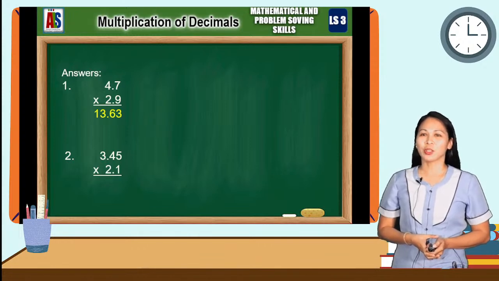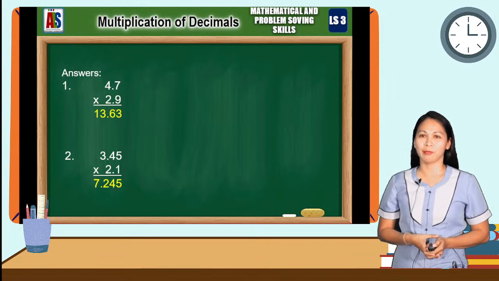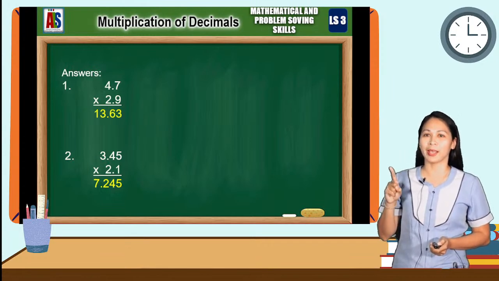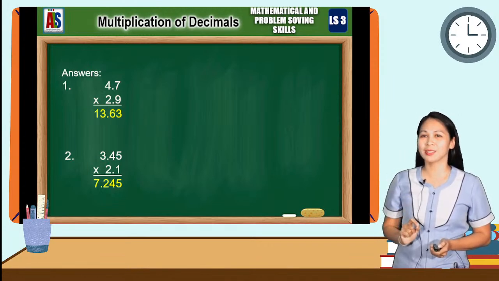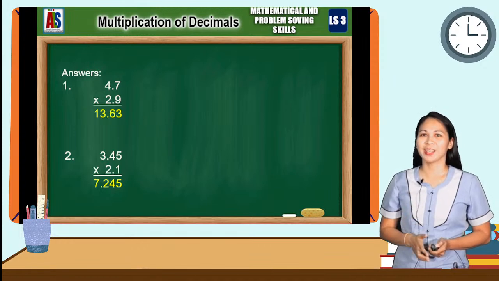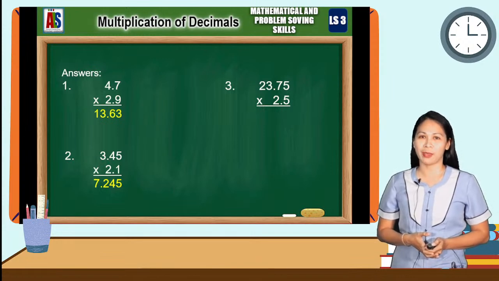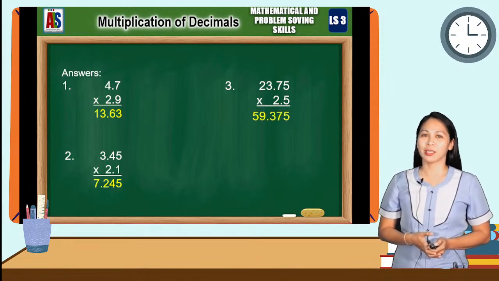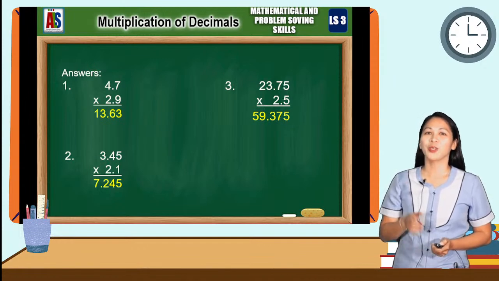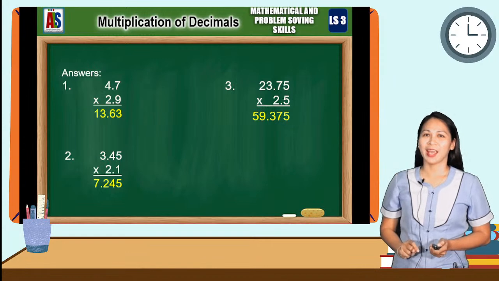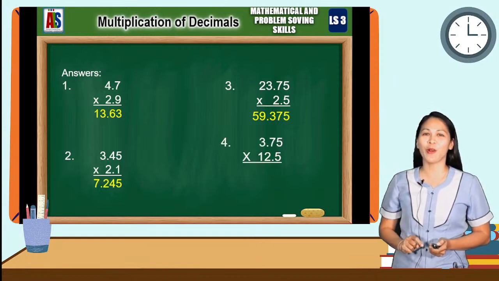If your answer is 7.245, you are correct. Do we have the same answer? That's great. Number 3. 23.75 times 2.5. If your answer is 59.375, you are correct. And last, number 4.